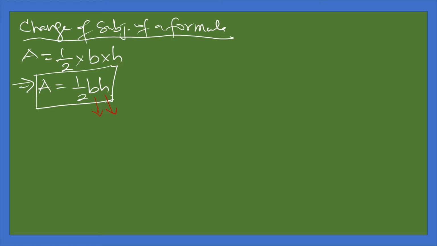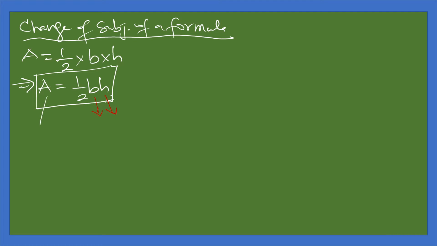and this H. So, in essence, when we say change of subject of a formula, what we are trying to say is that whenever the subject of a formula is to be changed, the essence is to make that quantity becoming the subject stand alone.